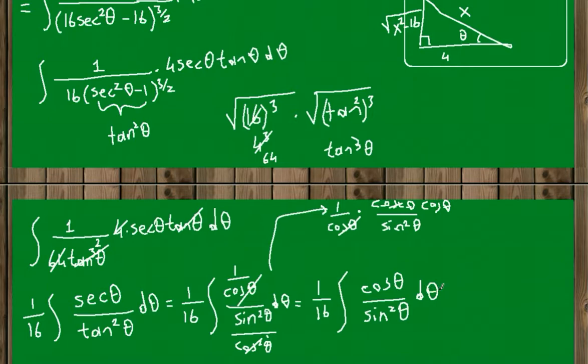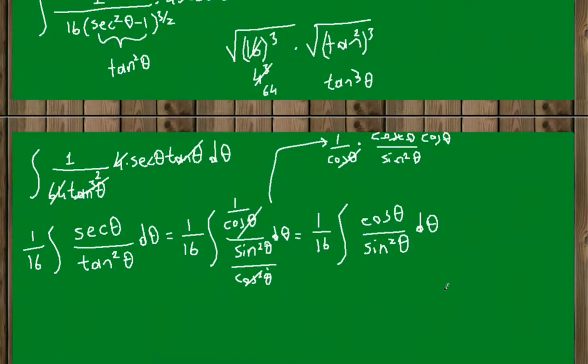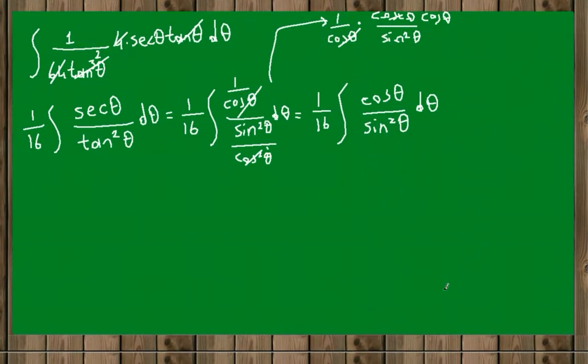Now we can use u substitution to take the antiderivative of this integral. Let's use a different letter, let's use w. Let w be equal to sine theta. So dw, which is the derivative, will be cosine theta d theta. Let's substitute.